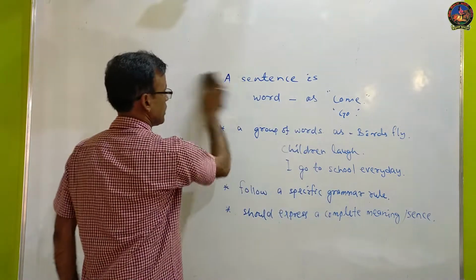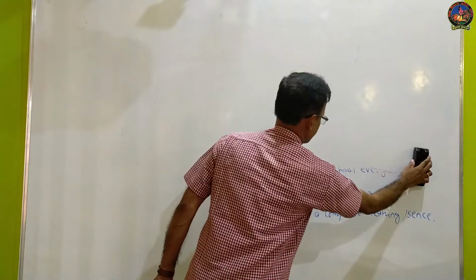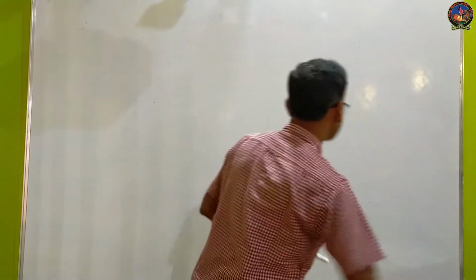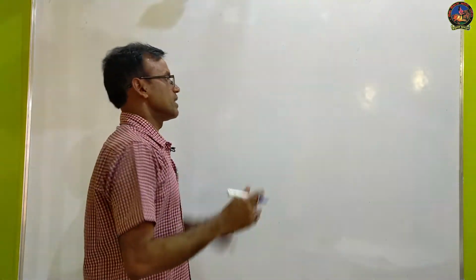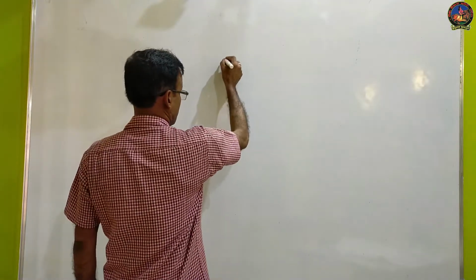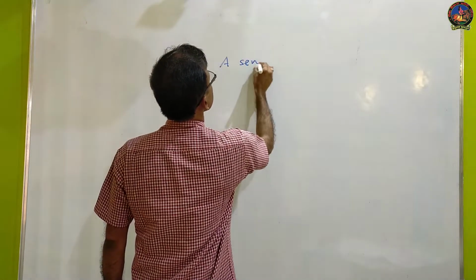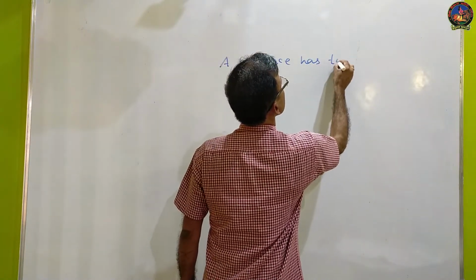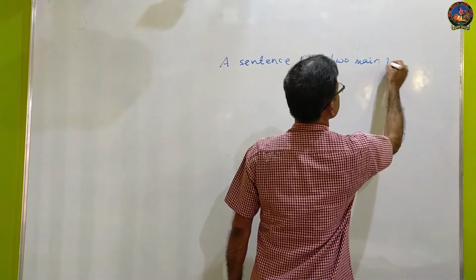Next, we will discuss the parts of a sentence. From the previous classes, you might have read or heard that a sentence has two main parts.